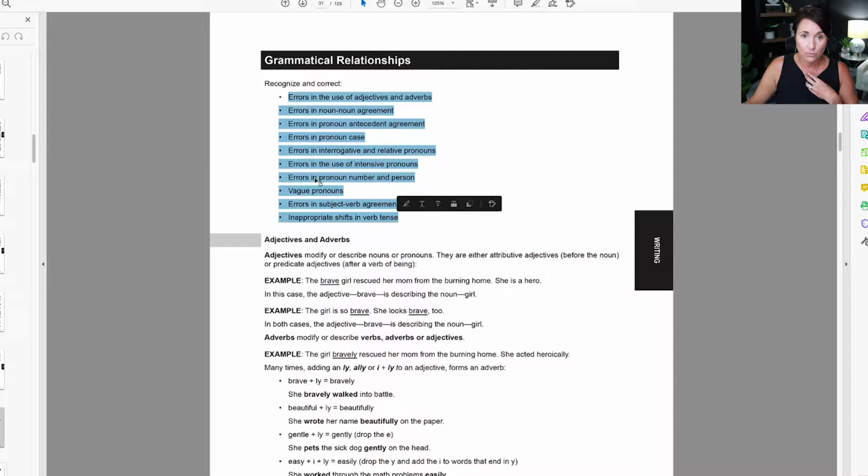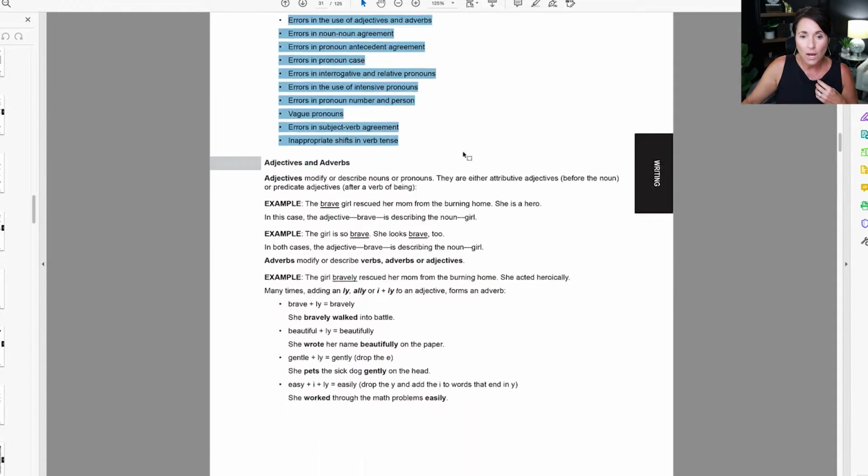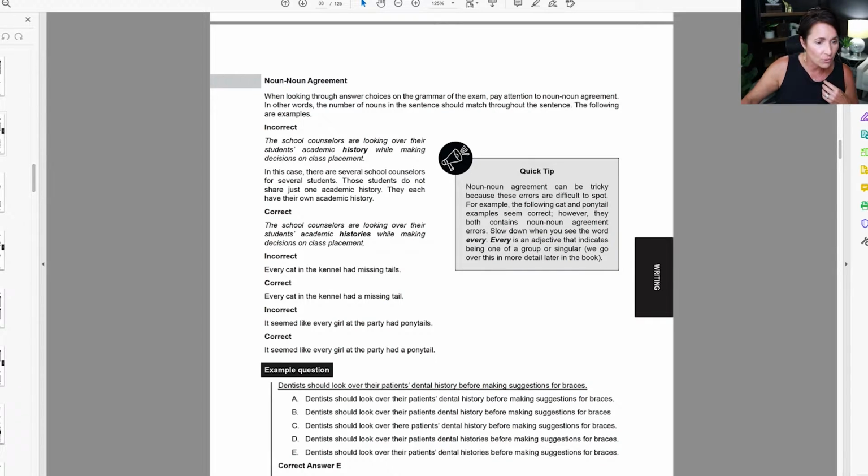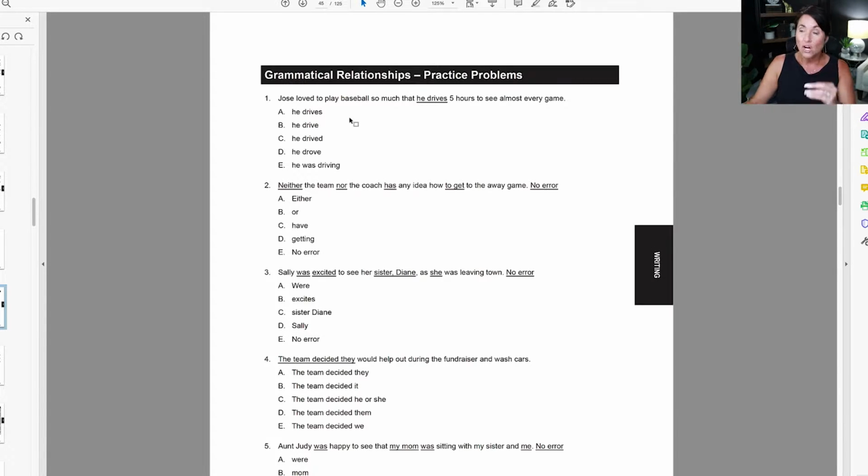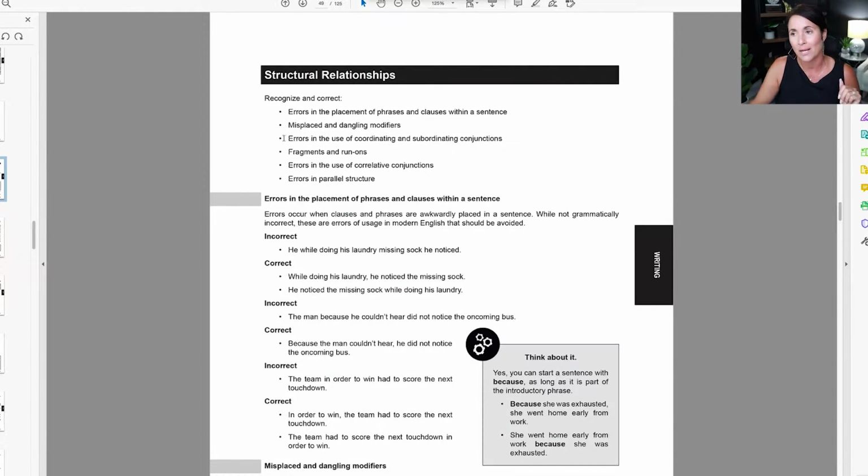So make sure you read this part of the book. Then when you scroll down, there are 10 practice problems just for that. All of these here are just about grammatical relationships. This will help you focus your skills. All right, this is really important. No other book does this, by the way. We're the only one that does this, from what I know. I could be wrong on that one, but I'm gonna go with it.